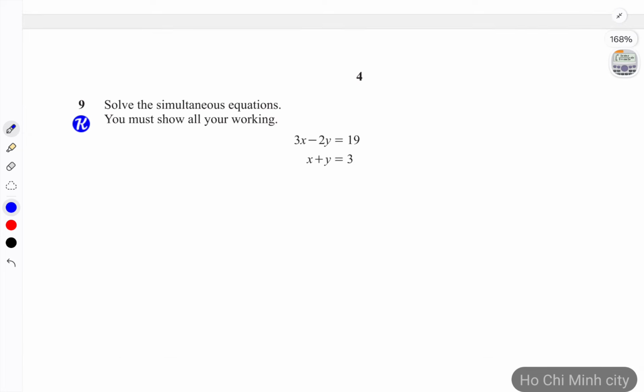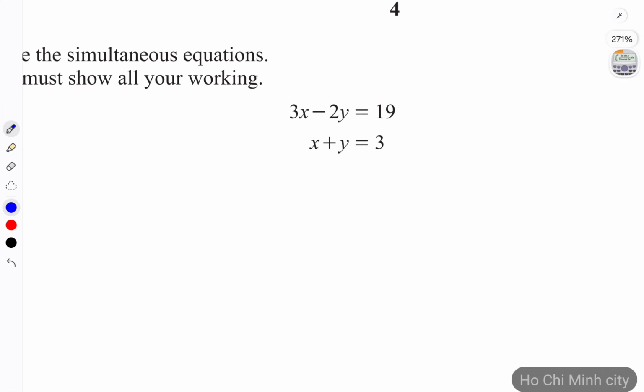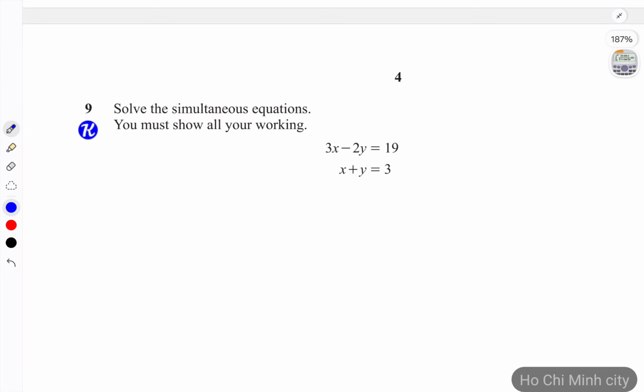All right, question 9. Solve the simultaneous equations. We have two ways to solve this, and I recommend using the substitution method because that one is straightforward. So let's take the x in the second equation. So x equals 3 minus y.